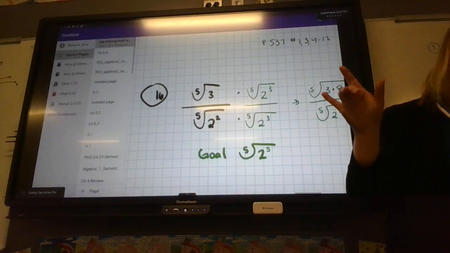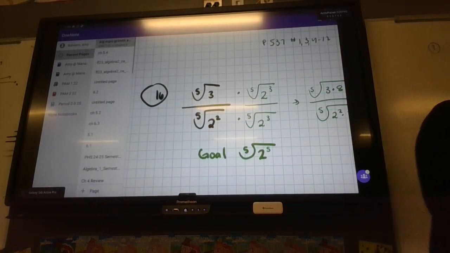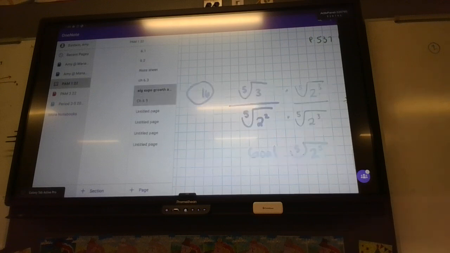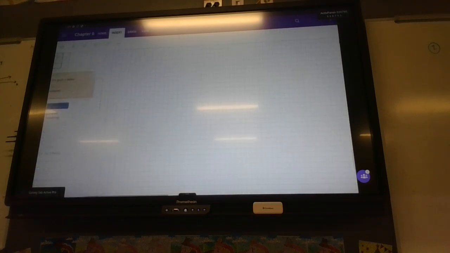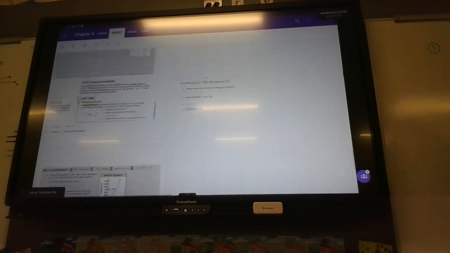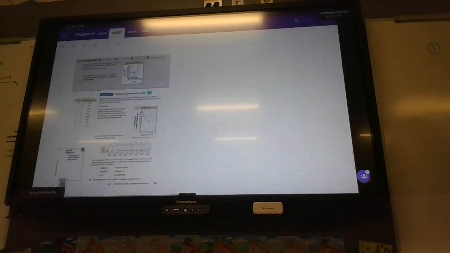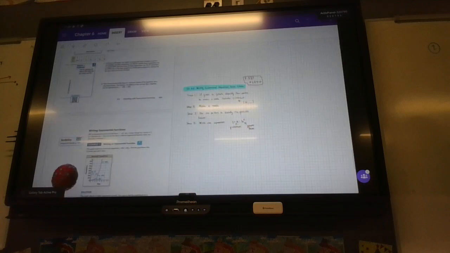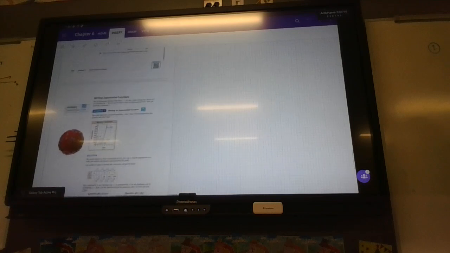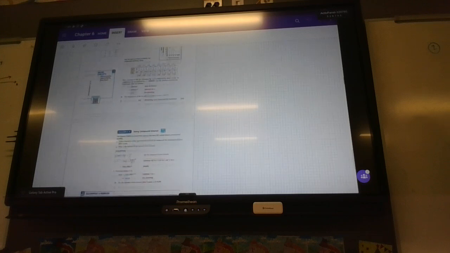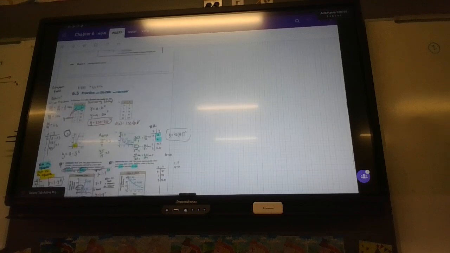So I'm going to get 3 more people books, and then this is the page I want everyone to go to. I'm not assigning it to you.